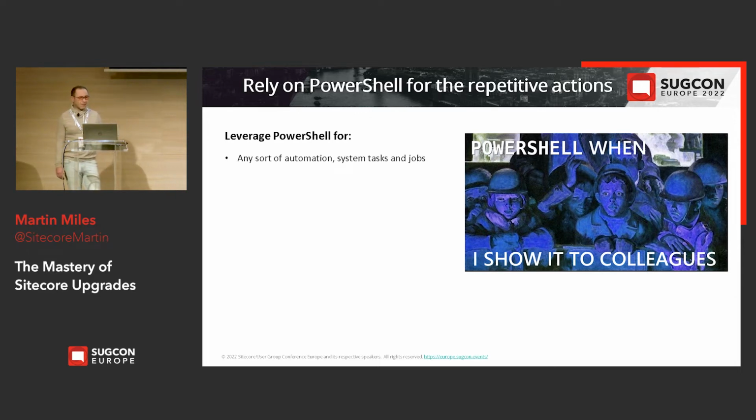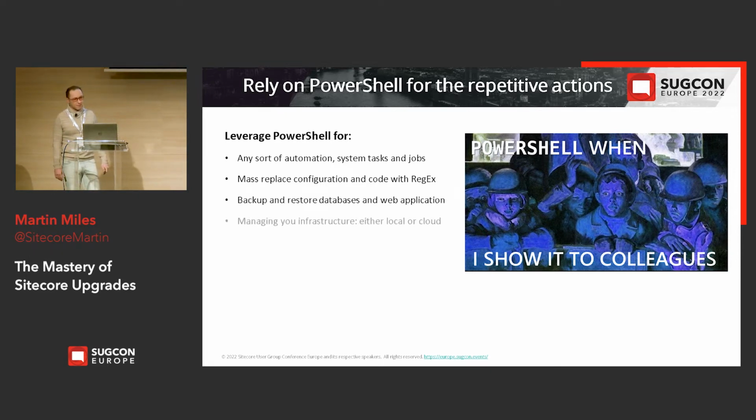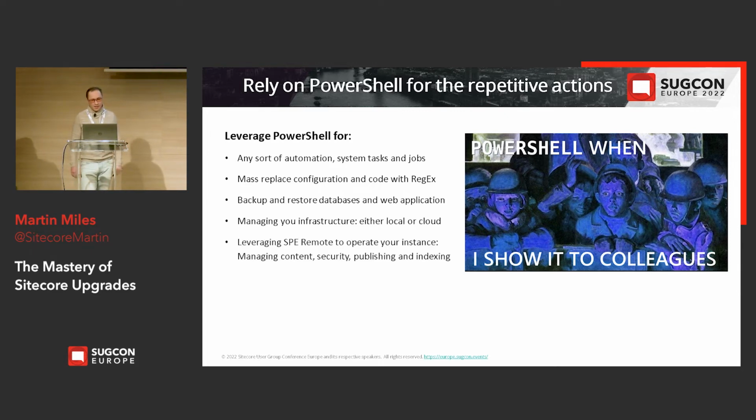So you can leverage PowerShell for different sorts of activities, automation, tasks, jobs. This is my favorite actually, mass replace in configuration files and code with regular expressions. A one-liner, you will see it later in the slides. Backup and restore of a database, easy. Managing infrastructure, that's what PowerShell was created for.